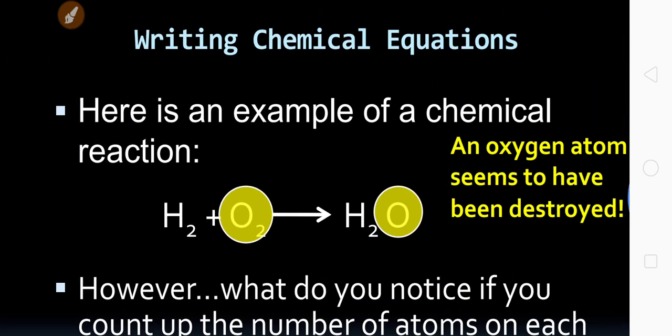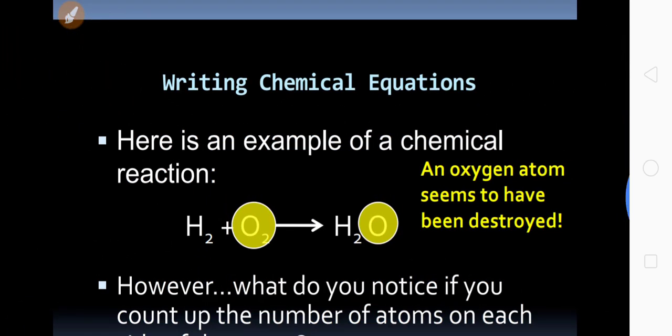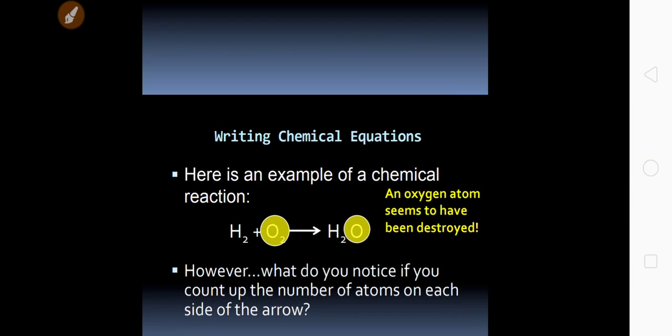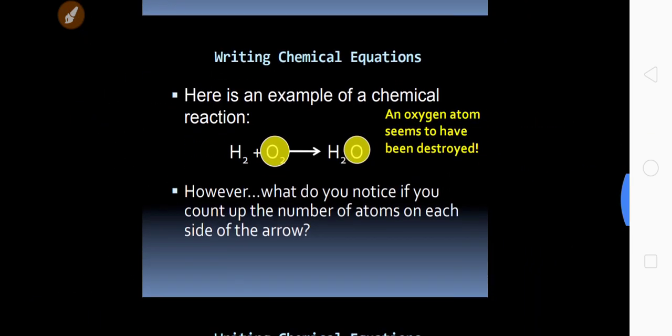Observe the yellow shaded circle: on the LHS there are two atoms of oxygen, on the RHS only one oxygen atom. So there is no balance; they are not equal on LHS and RHS.